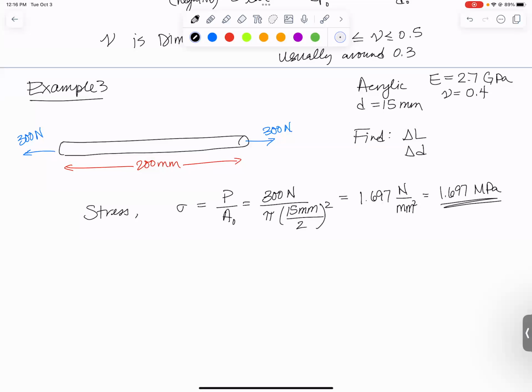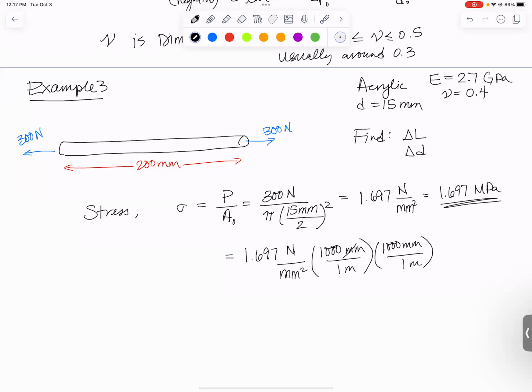You want to see it a little more slowly? Let's do that just slightly more slowly. 1.697 newtons per millimeter squared. I need to multiply it by 1,000 millimeters per 1 meter times another 1,000 millimeters per 1 meter. Those 2 millimeters cancel those 2 millimeters, the millimeter squared.